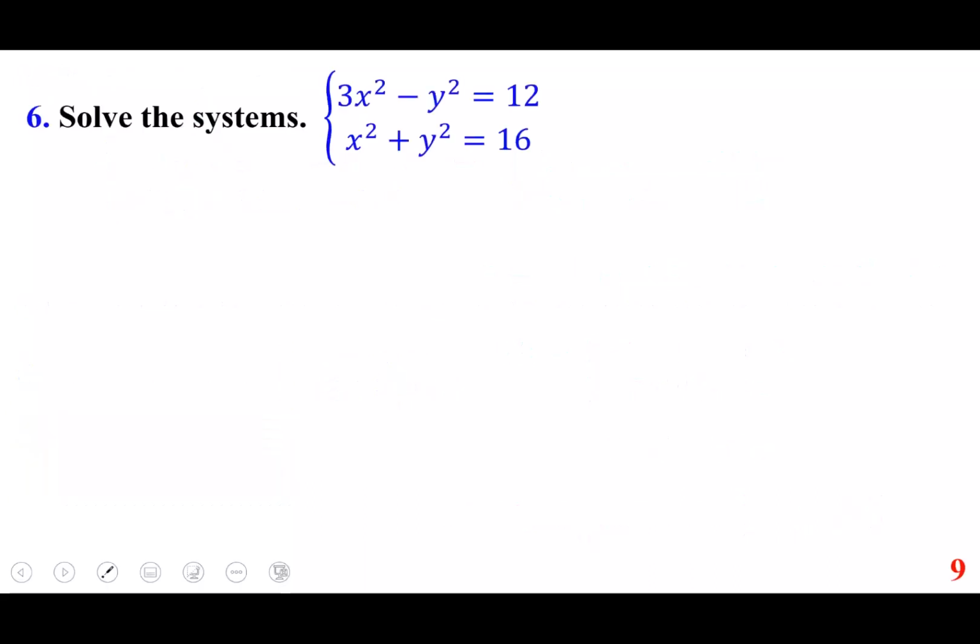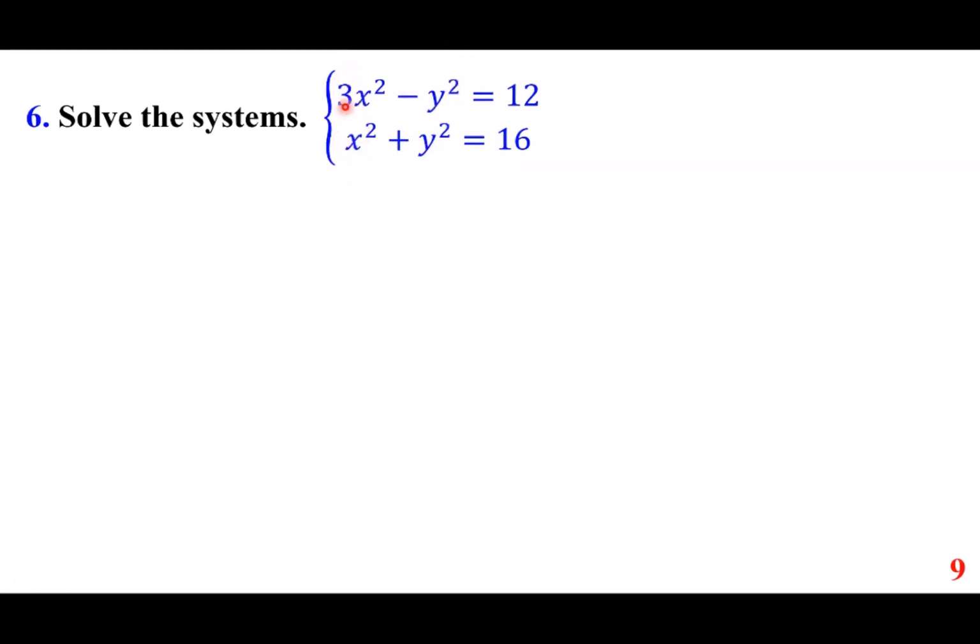If I want to solve this, this is a system of nonlinear equations because we are dealing with quadratic formats. So substitution or elimination, whatever works out, those are the best course of action. We don't have to do anything, just elimination, add up. These two cancel each other.